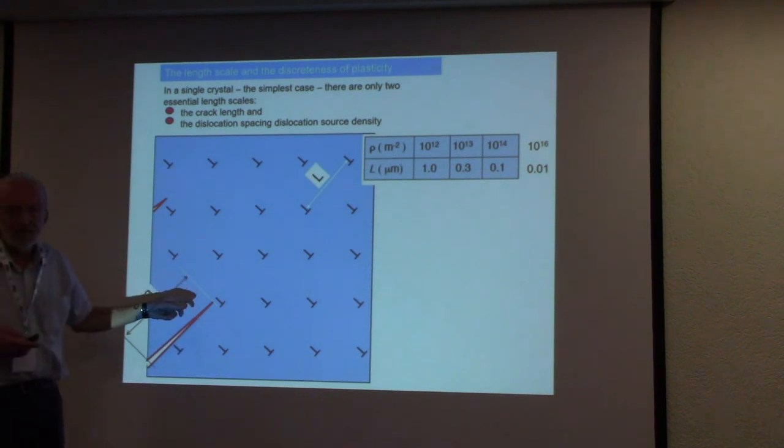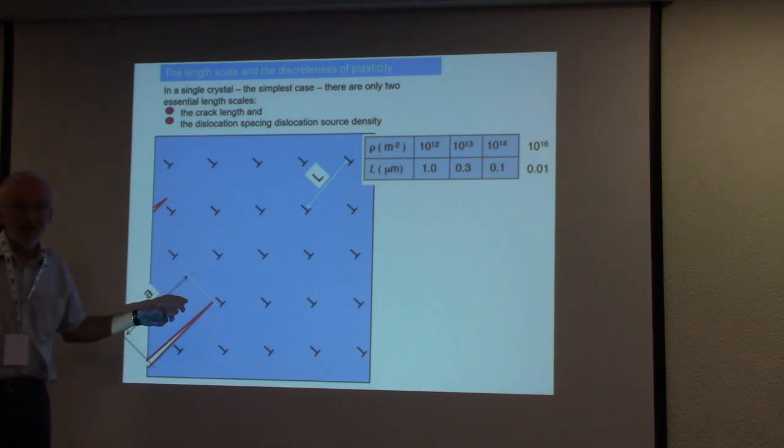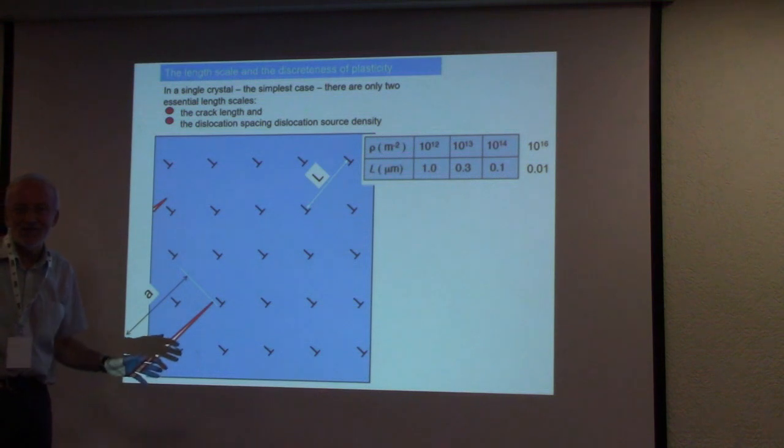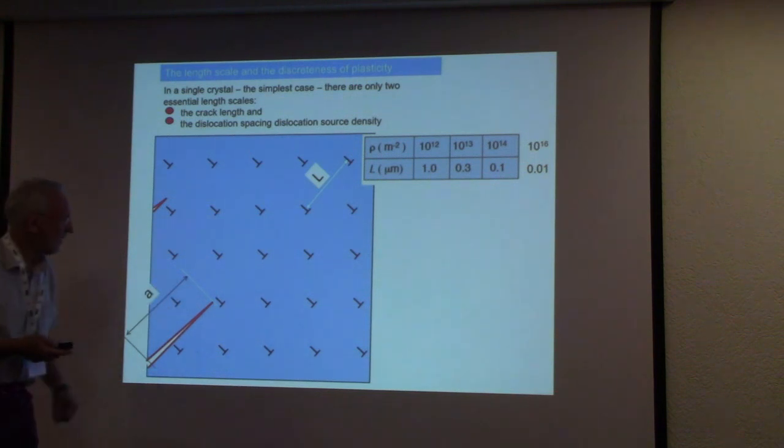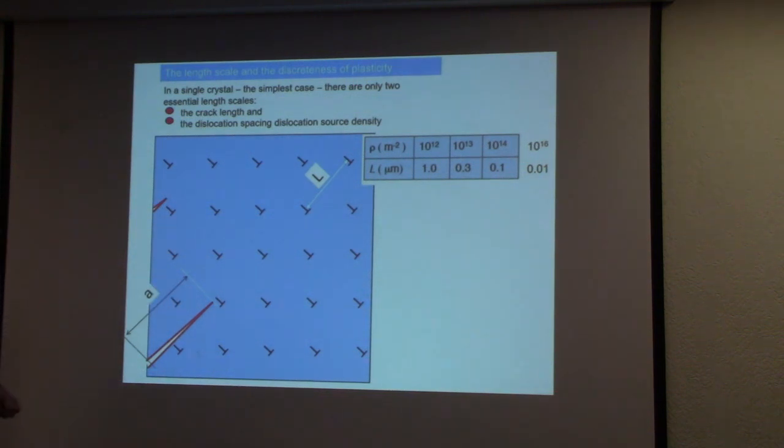And we have already seen that the stress at a distance equal to the crack length is significantly lower, nearly equal to the applied stress. So the dislocation will not really see the stress field of the crack.